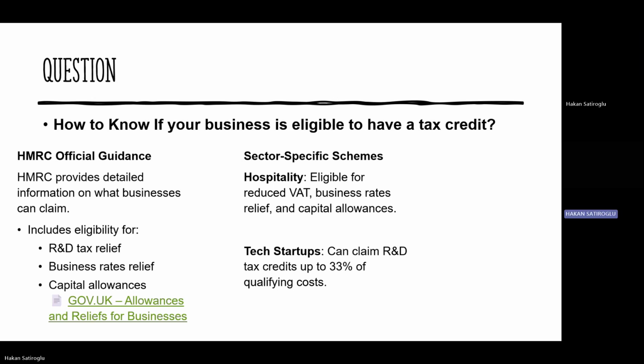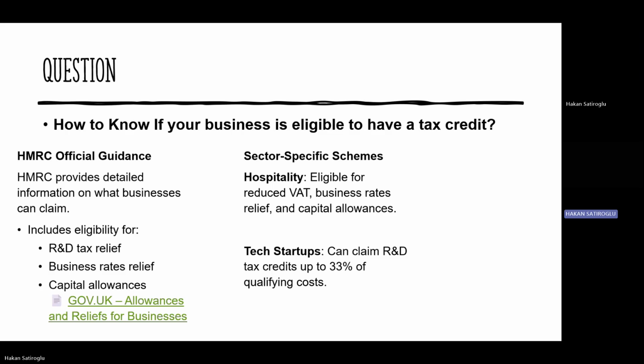What does tax capital allowance mean? This system allows organizations to claim tax relief on their investments, especially relevant for fixed assets. What are fixed assets? Equipment you directly use to produce your product, machinery.